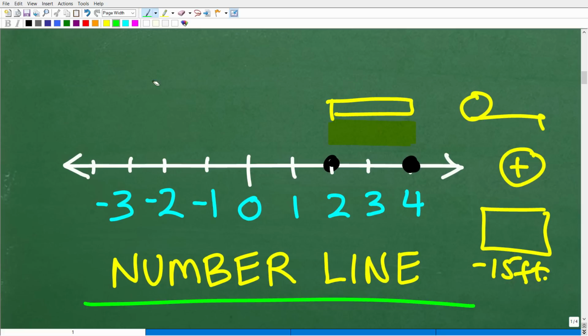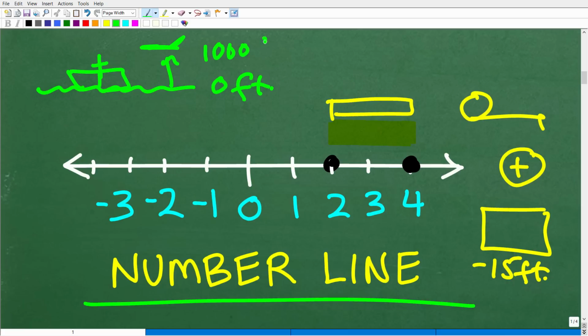Let me show you a simple example because some of you may be confused. Let's say this is the ocean and we're at sea level. So that's 0 feet. Now here's our little ship up here, okay? And let's say there's an airplane flying up in the sky, and that's going to be above the 0 feet. So maybe that's flying at 1,000 feet. So this would be a positive number.